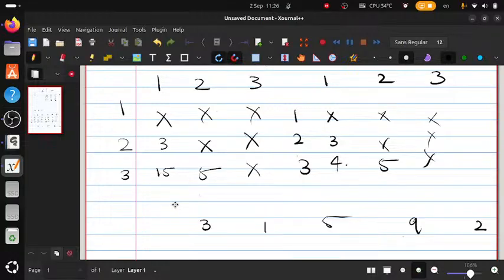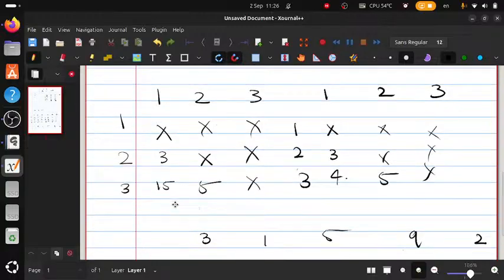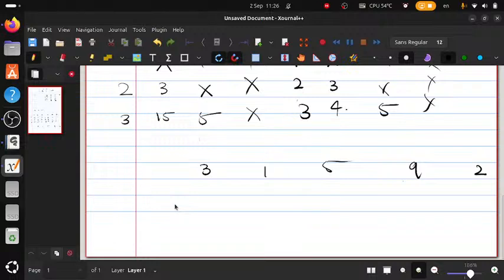Because the largest sum can be what? Can be 3 plus 2 or 4 plus 3, right? So we'll try to look for sums and products.